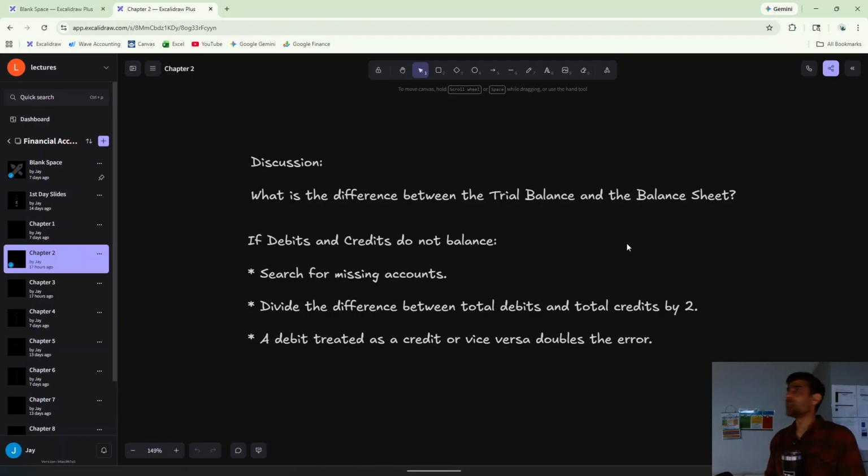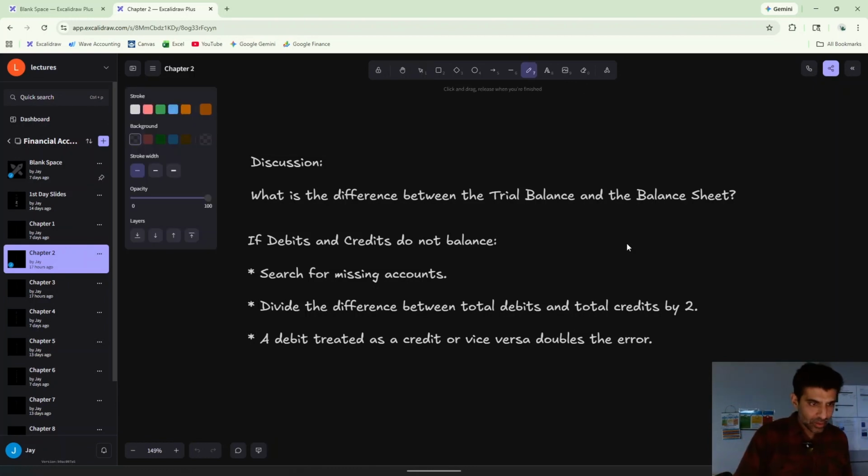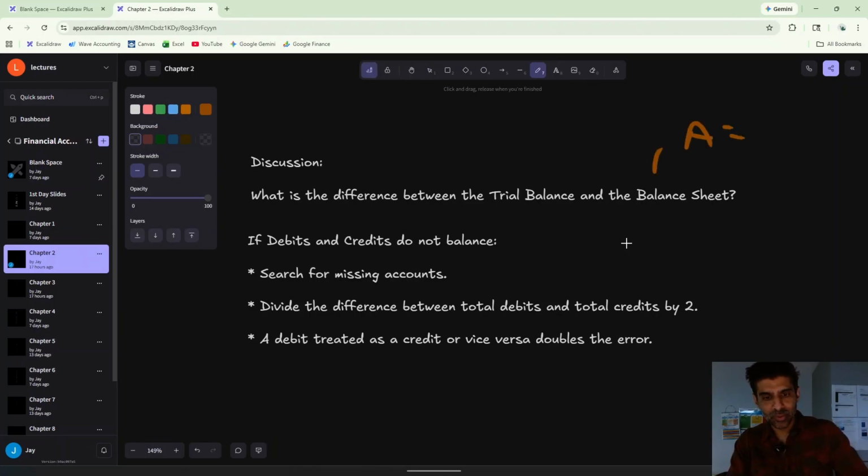So the balance sheet again is a report that's just showing our basic accounting equation: assets equals liabilities plus equity. It's just going to show that balance in a report format. There's no debits, there's no credits. It's just going to be numbers and descriptions of what those accounts are.